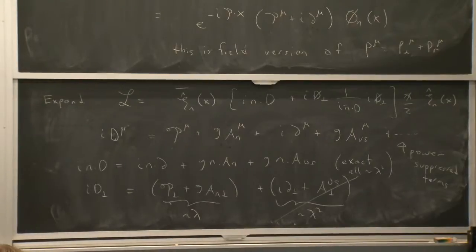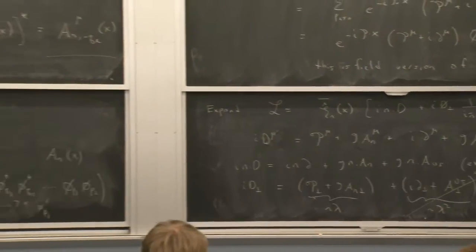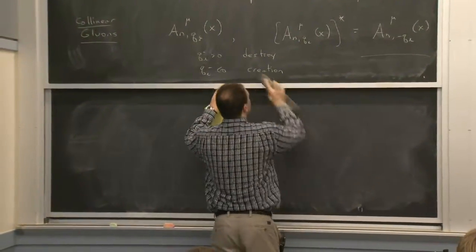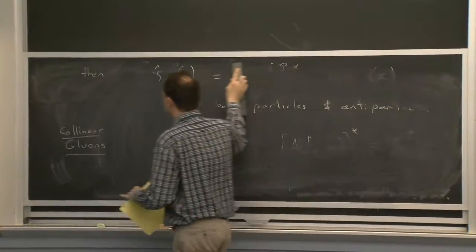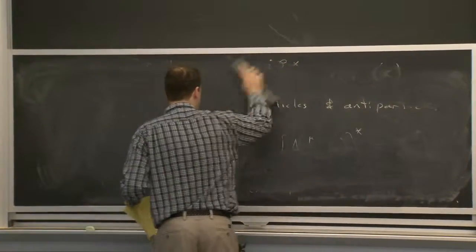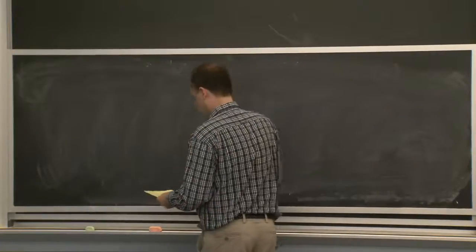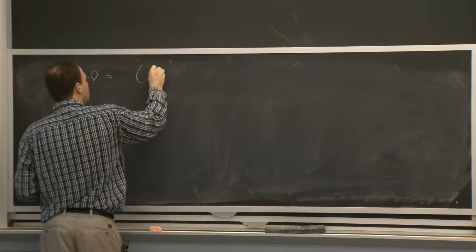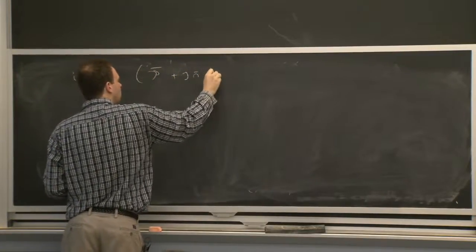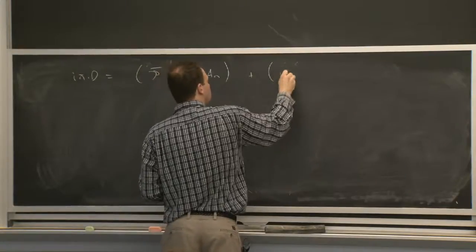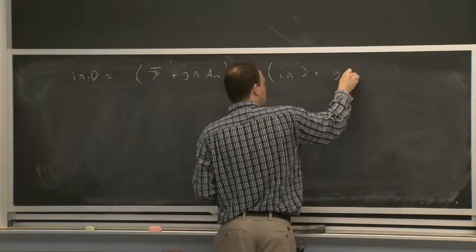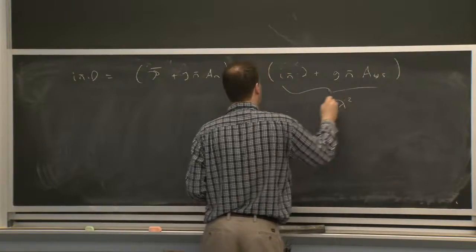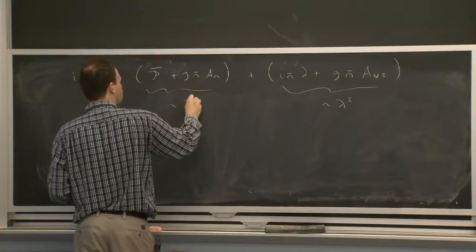And then similarly for the minus. Here, this guy is order lambda squared, and this guy is order lambda 0. So we drop this guy.